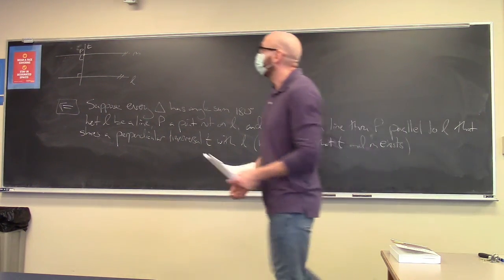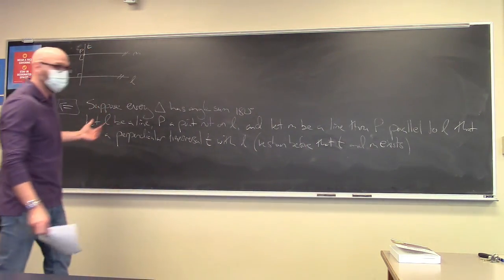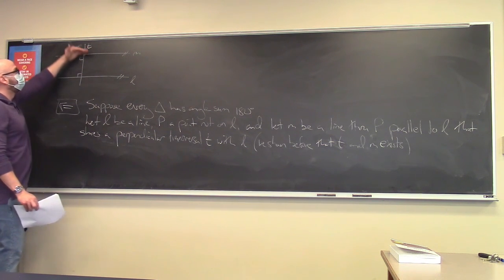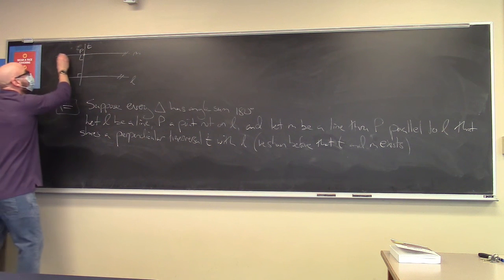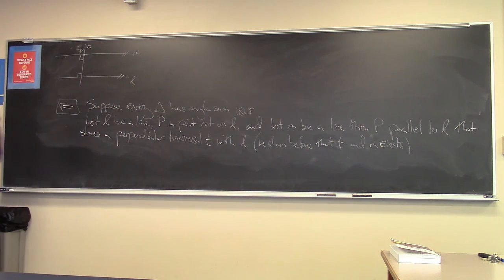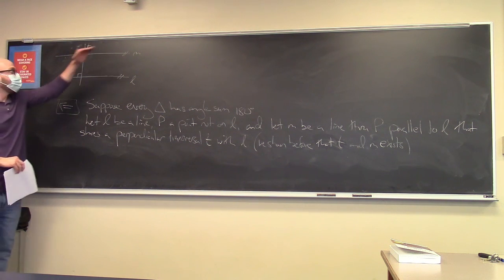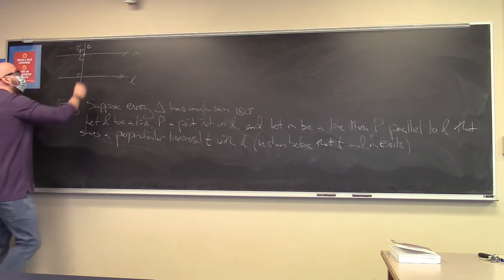As I promised the first time we did this, we were going to do this a whole bunch of times. So we just start off with L, a point not on it. Really what we're doing is constructing T, this perpendicular, and then we construct another perpendicular to get M. So what now? Now I want to show that M is the unique parallel line, right? So suppose I have another one.